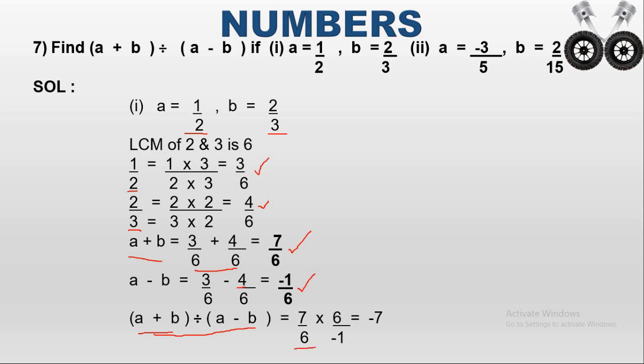Next we convert the division operator into multiplication operator. Then a minus b value is minus 1 by 6, and we write it as its reciprocal. The reciprocal of minus 1 by 6 is 6 by minus 1. Here 6 and 6 are cancelled, and 7 divided by minus 1 is equal to minus 7. So therefore the answer is minus 7.